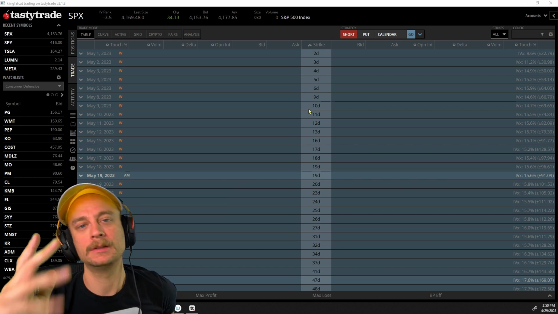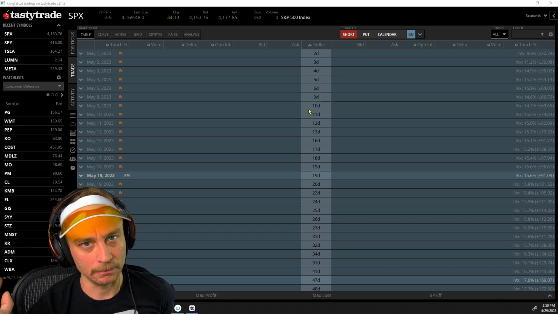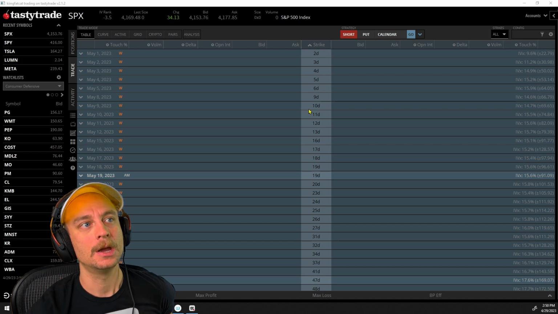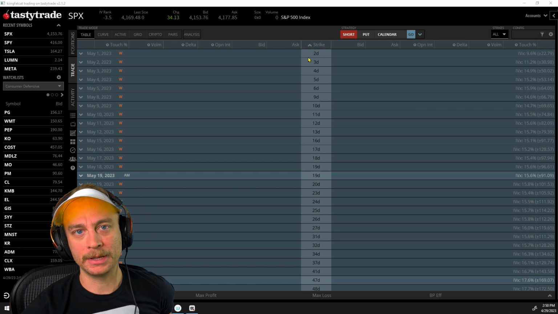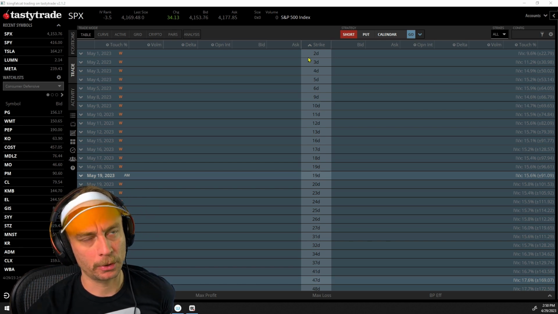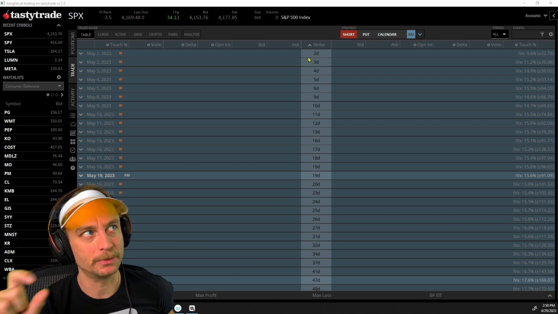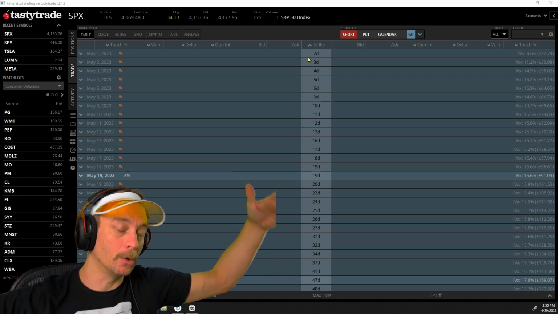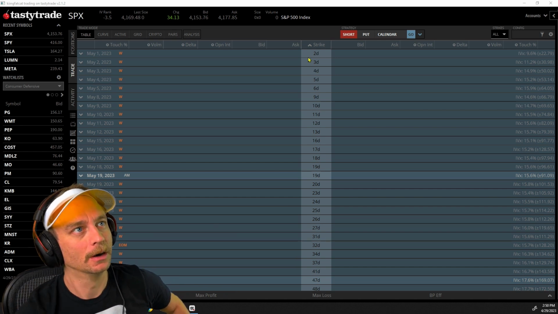Now the big thing right now is these 0DTE option strategies. We're not gonna be talking about any of that, but these are the expirations. I'm probably messing this up, but if I remember correctly, SPX options and even SPY, if I'm not mistaken, SPY is a little cheaper than SPX options, but they both track the E-mini or the S&P 500, if you want to be politically correct here.